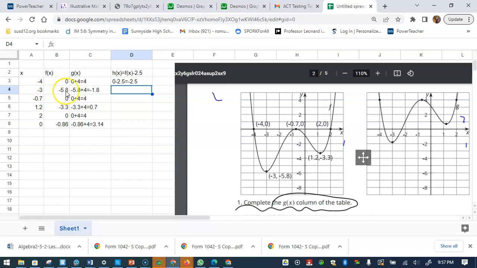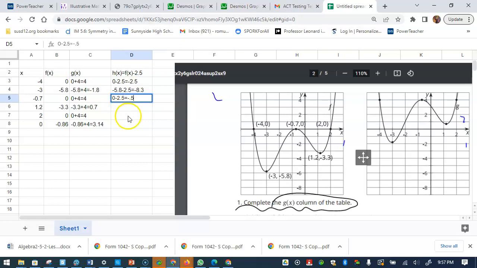Now this time it is minus 5.8. So minus 5.8, you add negative 2.5, and that will give you minus 8.3. Check with the calculator. Again 0 minus 2.5 will give you minus 2.5.